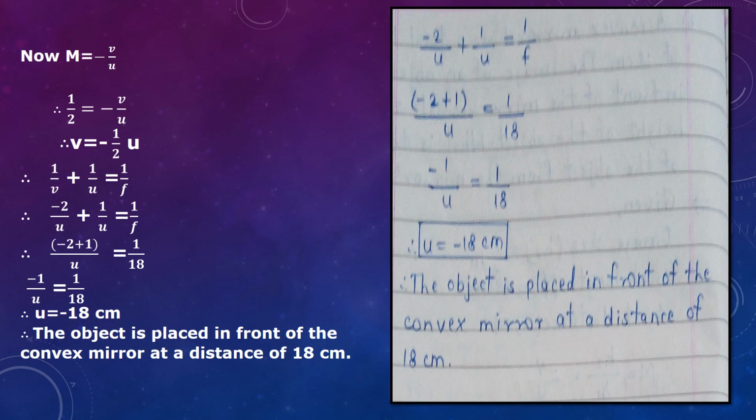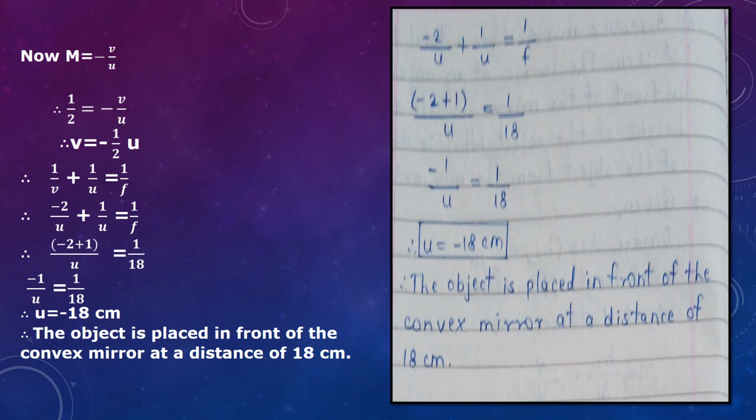Negative 2 plus 1 upon U is equal to 1 upon 18. So negative 2 plus 1 means negative 1 upon U is equal to 1 upon 18. So we will take the reciprocal of this. 1 upon U means U only. So U is equal to negative 18 centimeter.